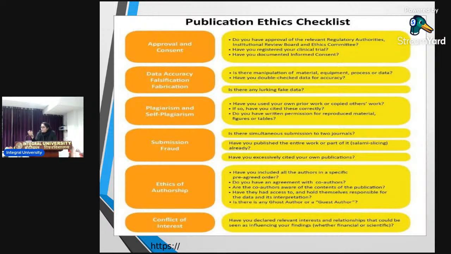Or you will go for a patent, right? So if you do not have informed consent, you cannot proceed for publication, because the first thing that they are going to ask you is whether you have the informed consent of the volunteers, right? So it's very, very important to have informed consent of the volunteers who are a part of your study.